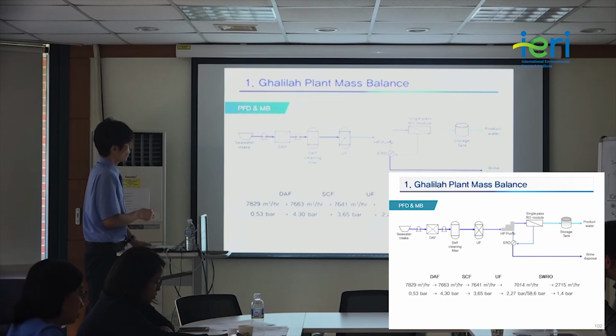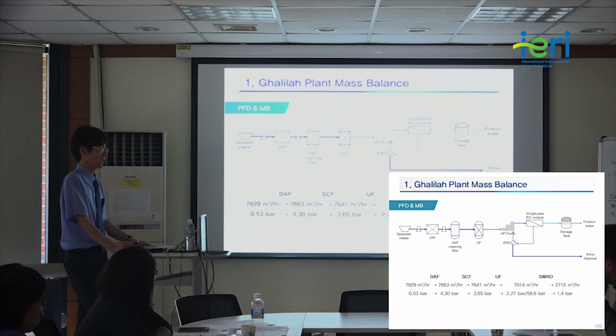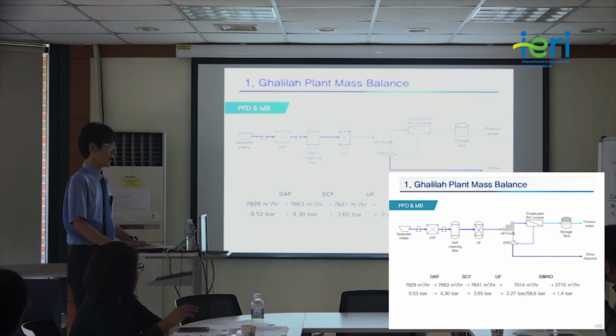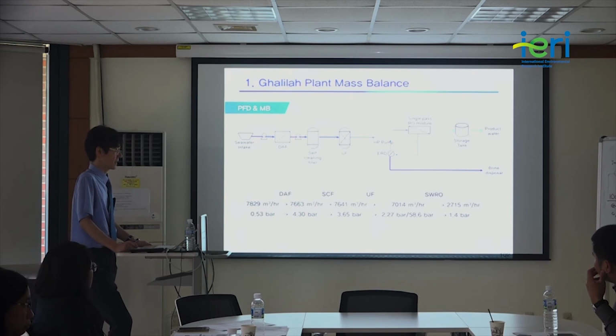So that's all the information that we had, and we know that this total energy consumption is 2.94 kilowatt hour per cubic meter. So with this information, we started to have the energy breakdown by having some modeling and by having some in-depth analysis.